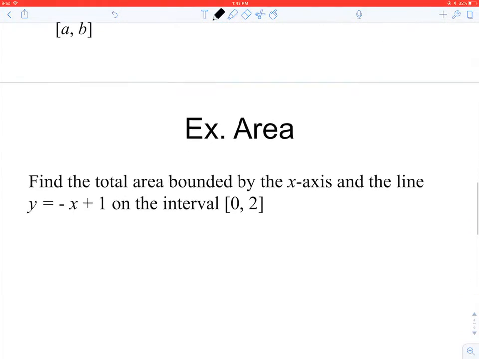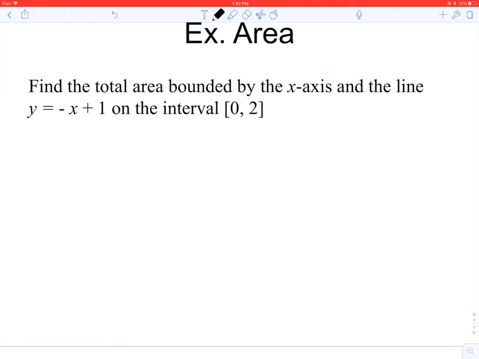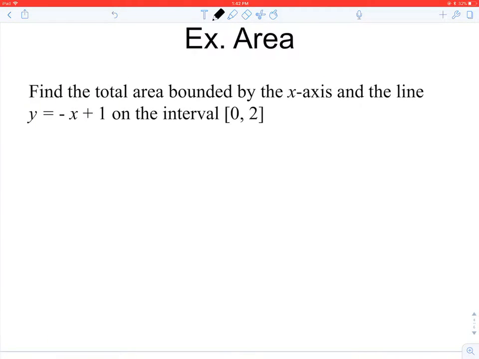So we're going to look at some actual examples now. So if we want to find the total area bounded by the x-axis and the line y equals -x plus 1 on the interval from 0 to 2, let's first sketch what that looks like. So I have my x and my y-axis.